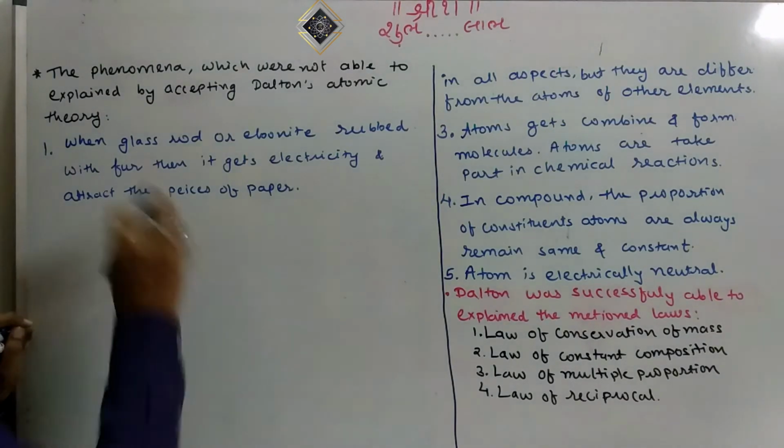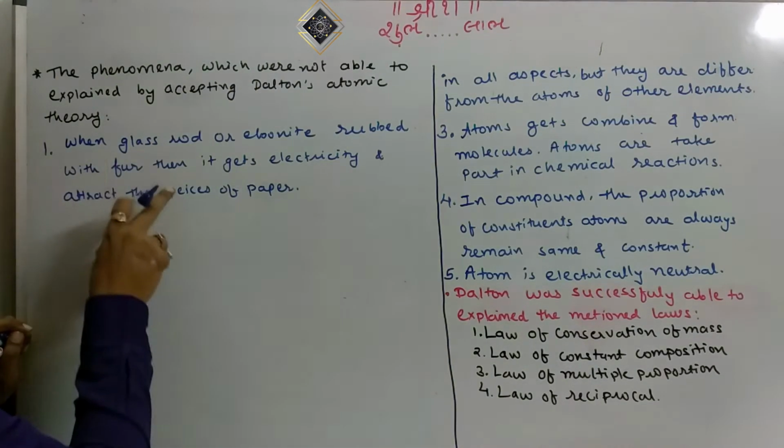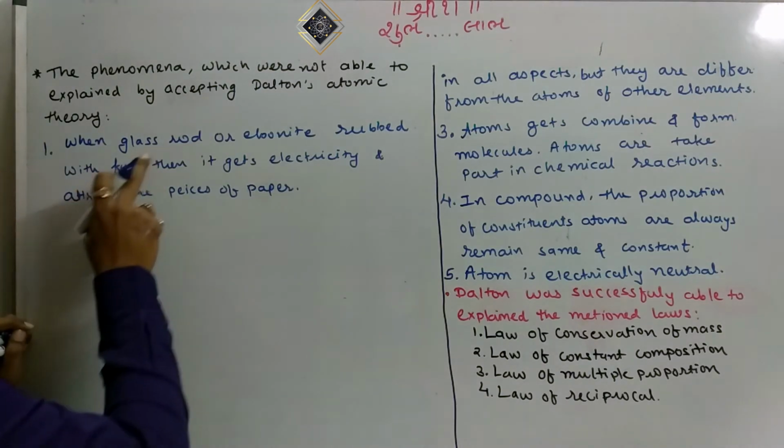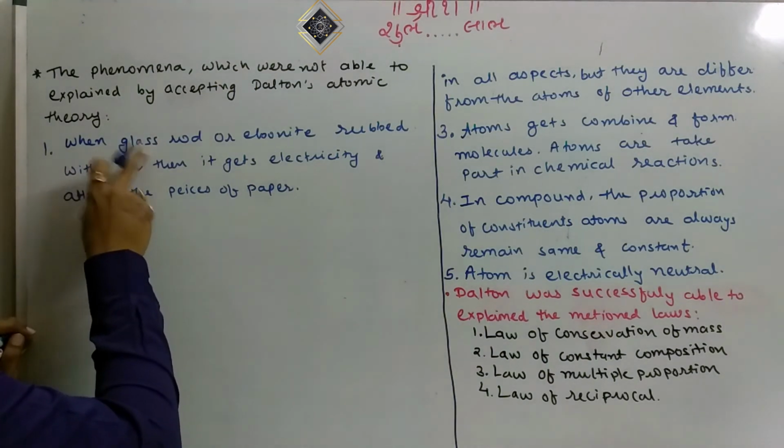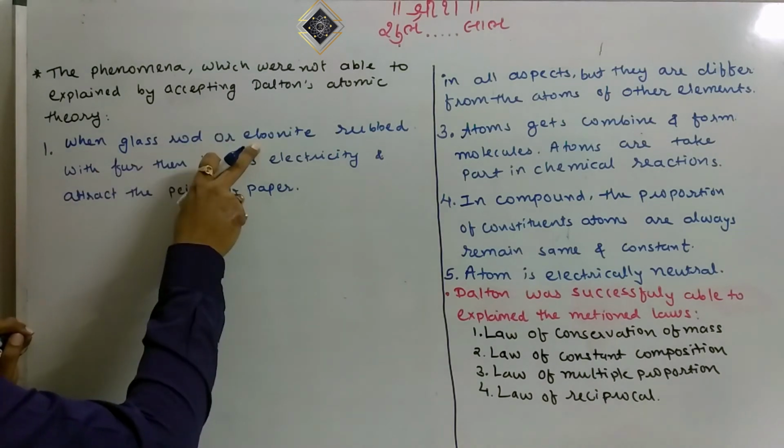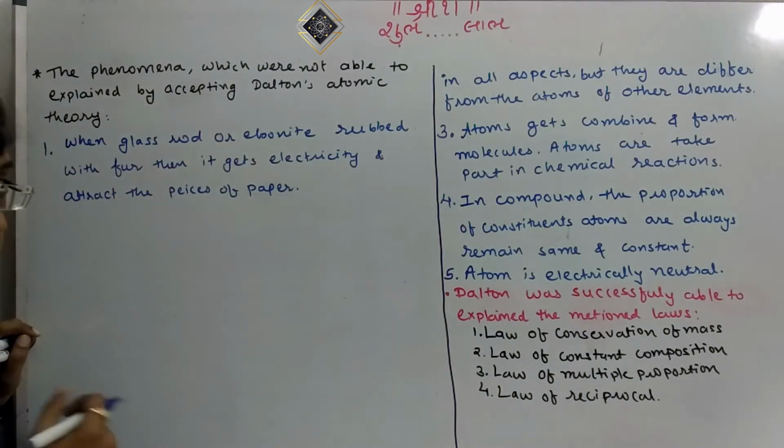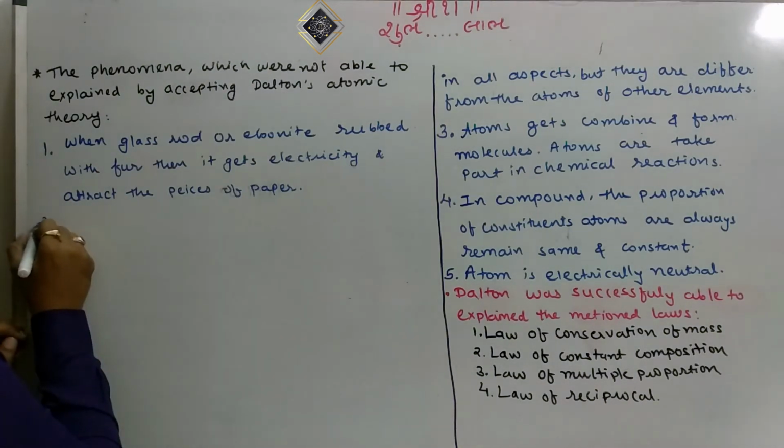As we discussed, if the atom is electrically neutral, then how is it possible that the atoms of the glass rod or ebonite get electricity, right or wrong?